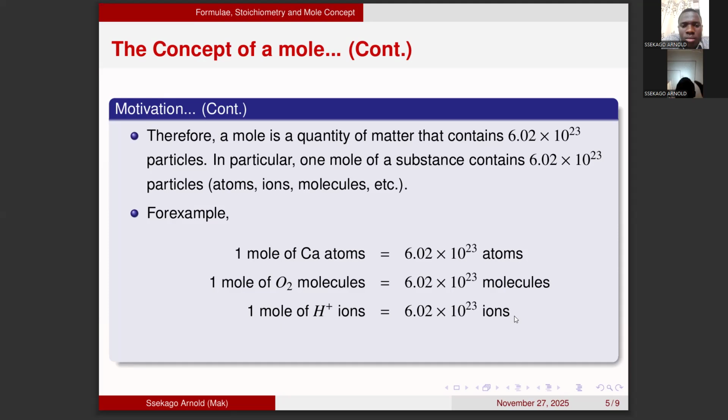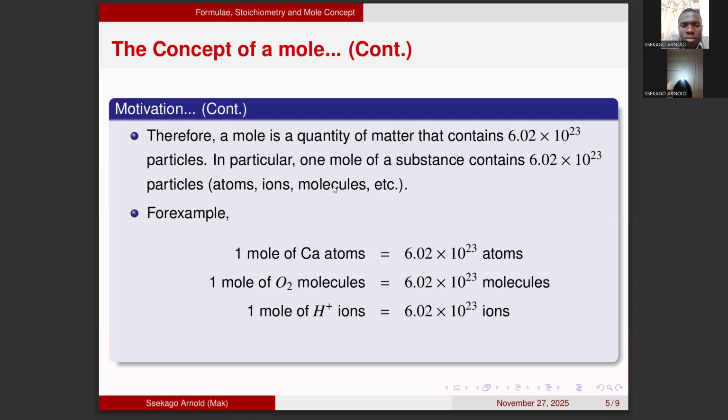Then if I have a mole, what do I mean? If I have a mole, I have 6.02 times 10 power 23 particles. Those particles can be atoms, ions, and molecules.